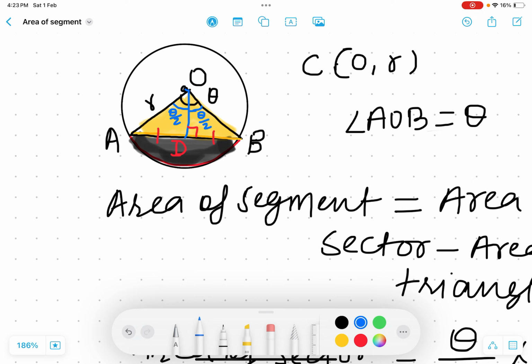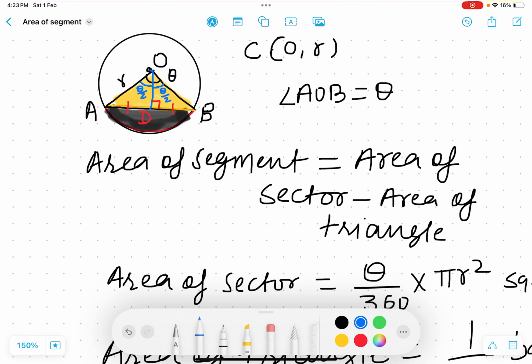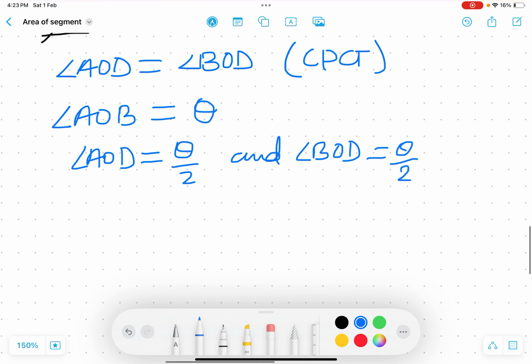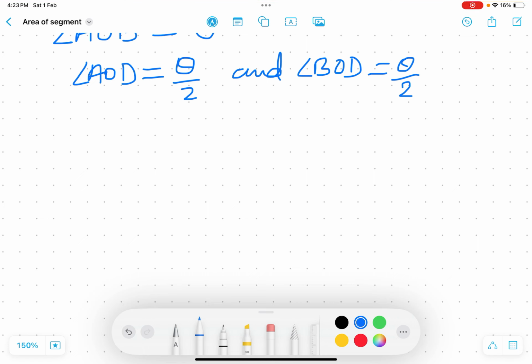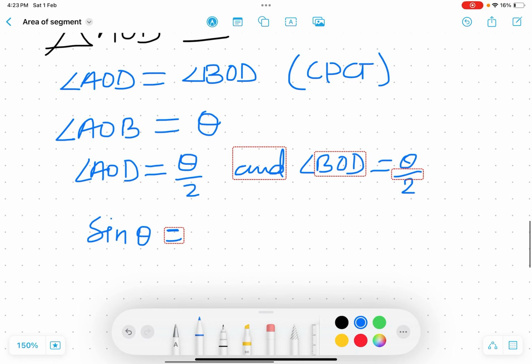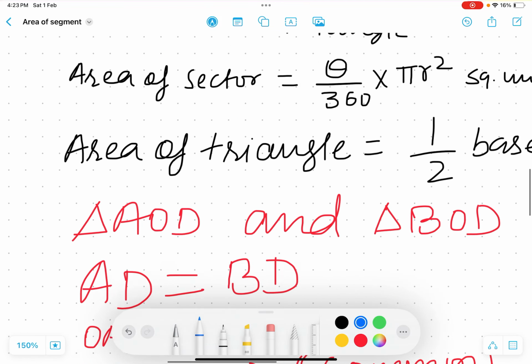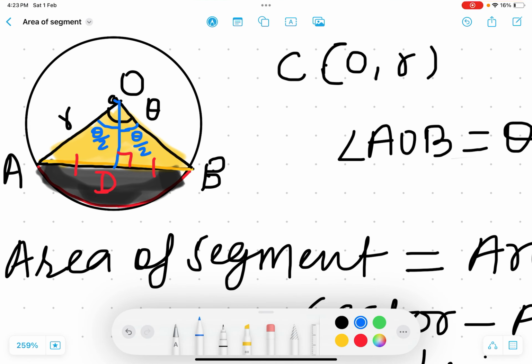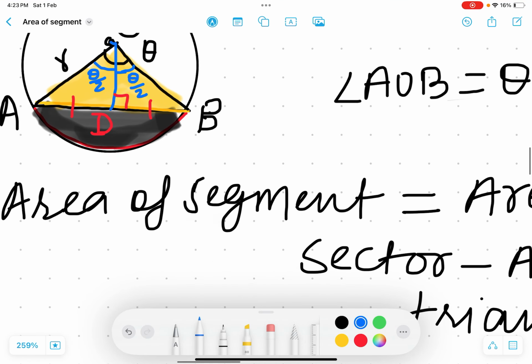So let's use some trigonometric ratios there. As you know, sine theta and cos theta. Sine theta is equal to perpendicular by hypotenuse. So what is perpendicular here? The angle we are taking is theta by 2, and in front of that angle theta by 2, AD is there.